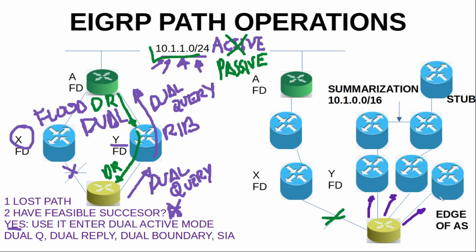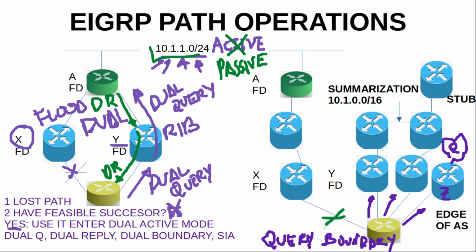Let's say that this DUAL query reaches router C. Router C happens to be the edge of the autonomous system, so there is nothing beyond router Z. So probably this has other networks such as the internet or other types of networks. This is what we know as a query boundary.